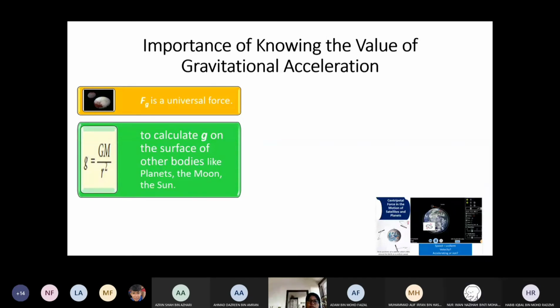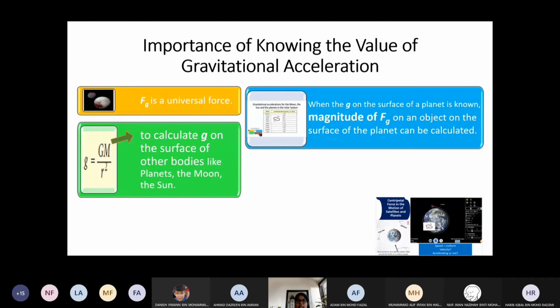Okay, so we use this formula to calculate the gravitational acceleration on the surface of other bodies like moon, planets, or other planets, etc. Okay, and then when g on the surface of planet is known, we can get the magnitude of Fg. We can get the values of Fg.